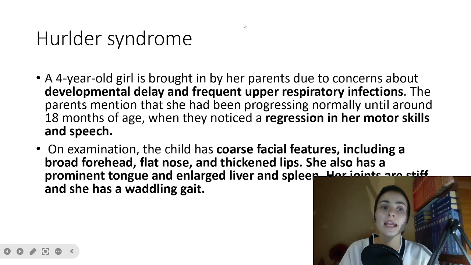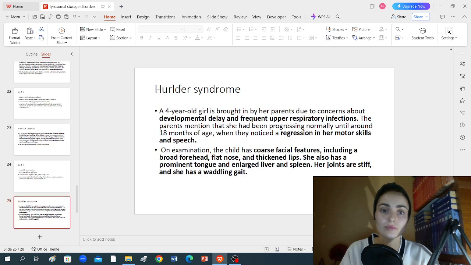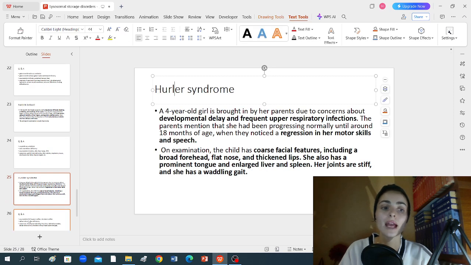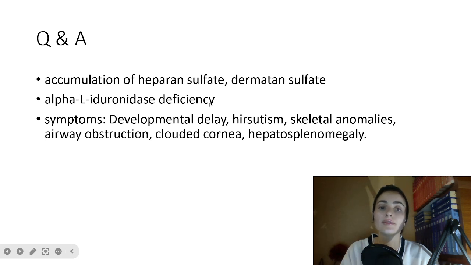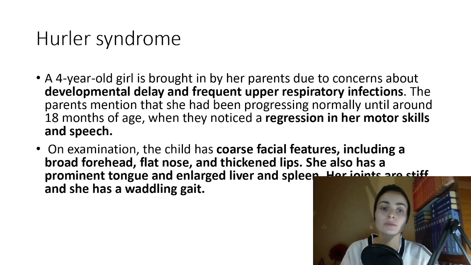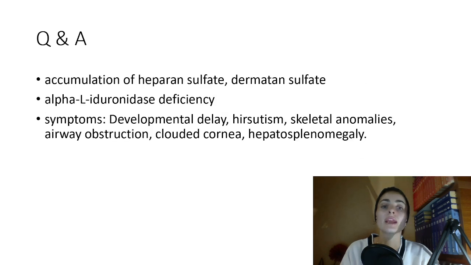Hurler has the L in its name. We can remember the alpha-L-iduronidase as the deficient enzyme here, and symptoms go like this: coarse facial features, which are different abnormalities on the face, which we described in the case, and developmental delay.